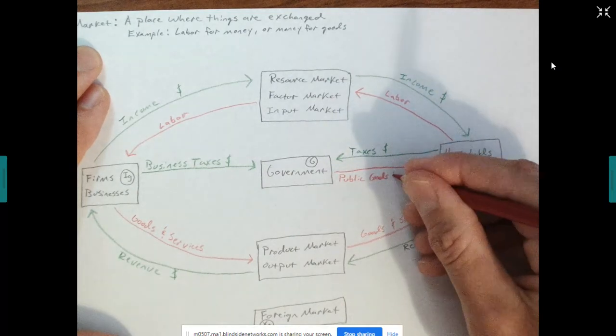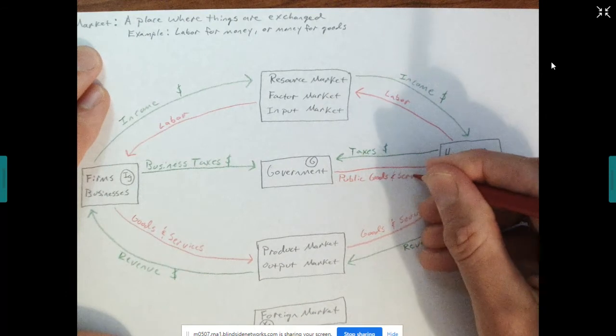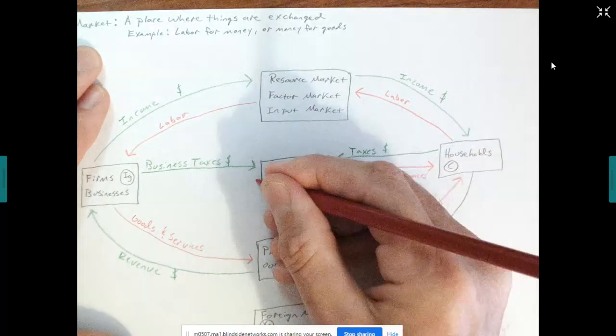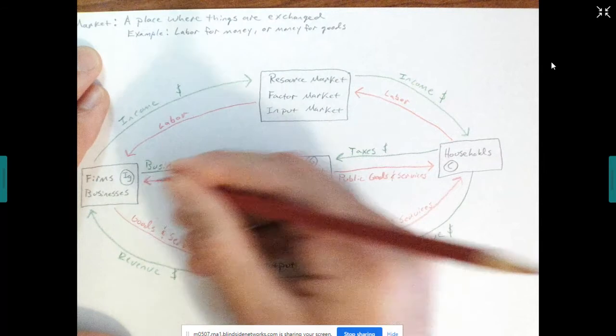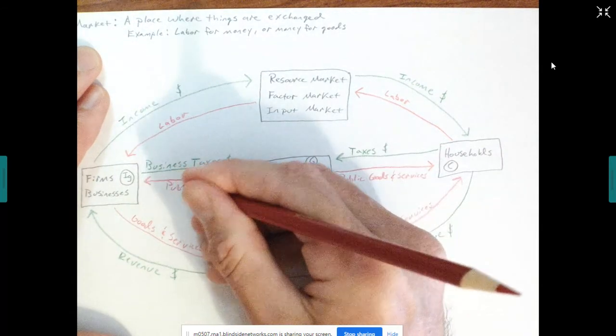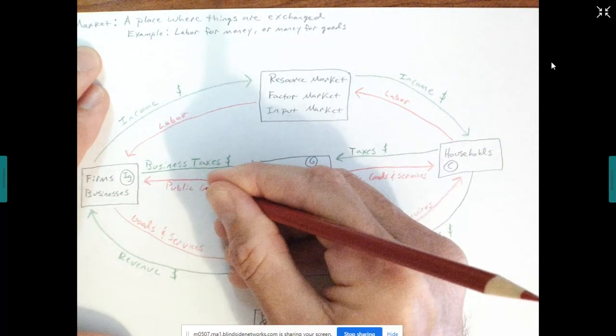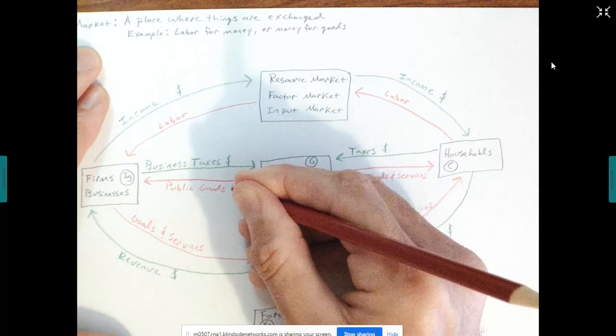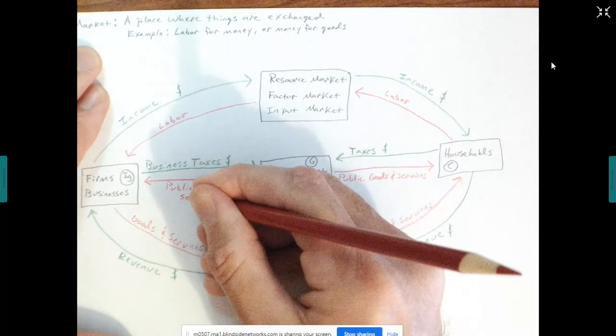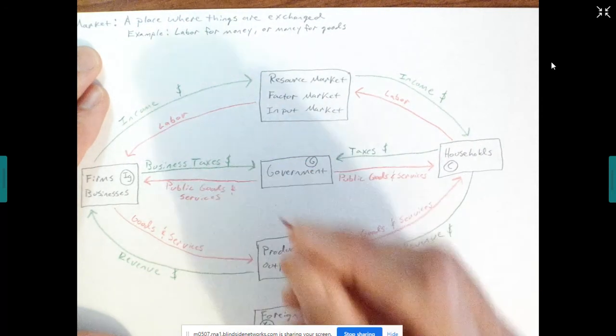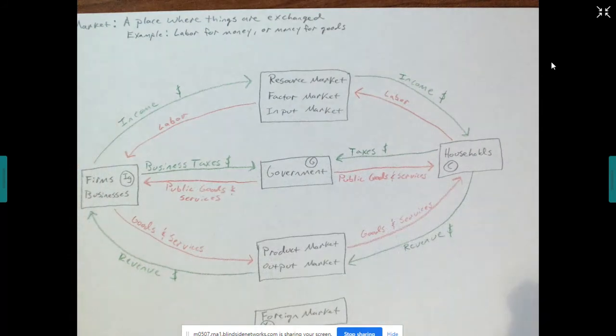Misspelled that, sorry. And we have again those public goods and services. These would be your roads, your bridges, your infrastructure, your military, your police, your hospitals, your schools, and stuff like that.